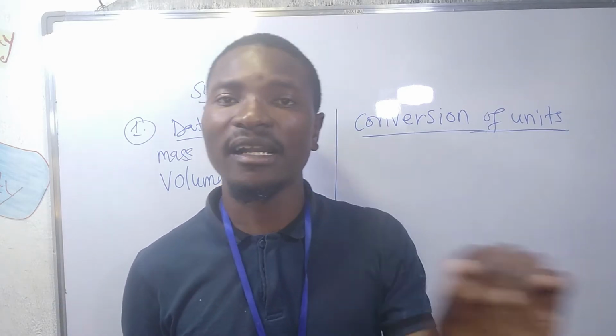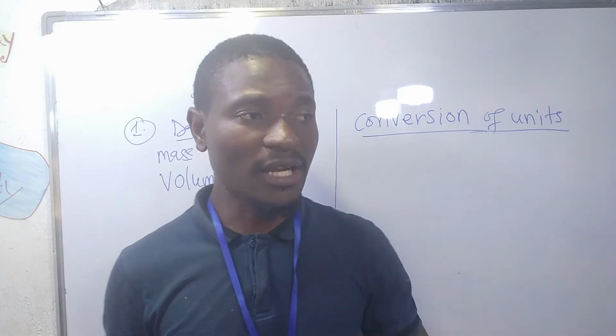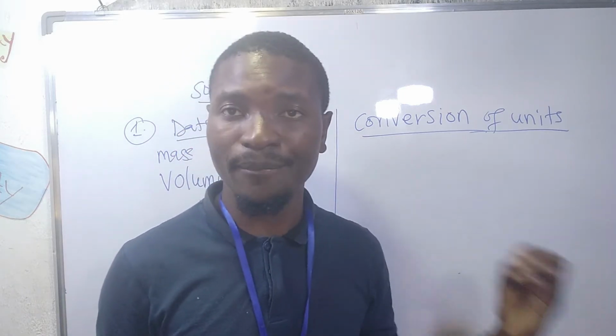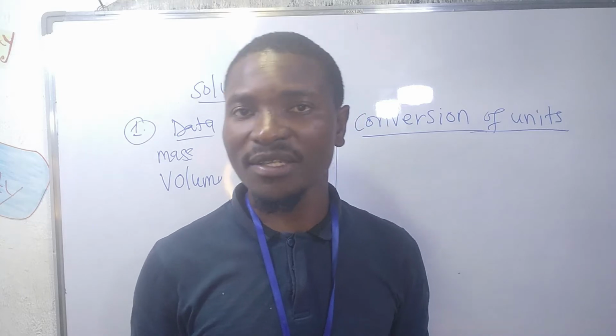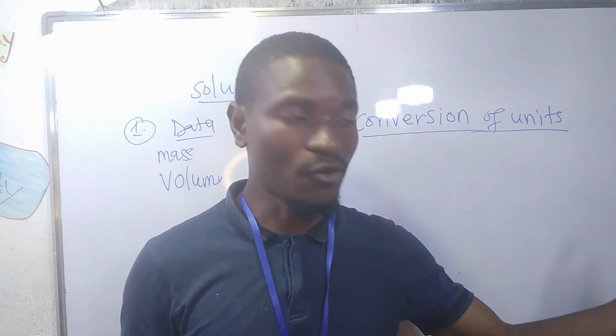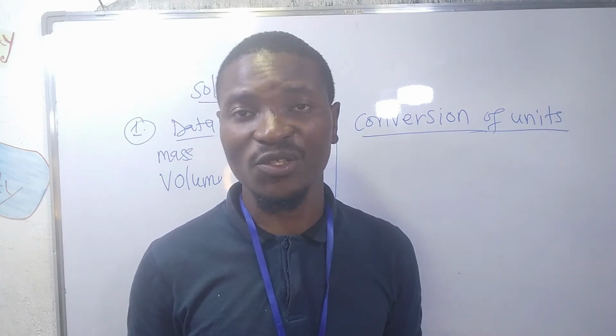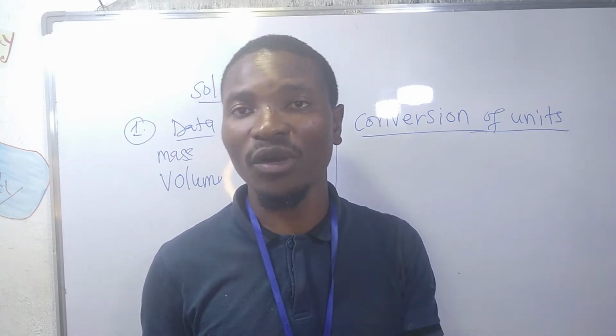The liter and the cubic decimeter are one and the same thing. So in this question number 2, the volume was given in cubic centimeters, so we have to change that from cubic centimeters to cubic decimeters. I want you to understand how you can do that.